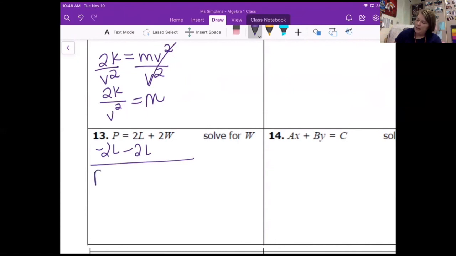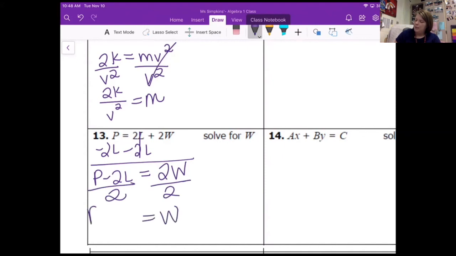So we have P minus 2L equals 2W. W is being multiplied by 2, so we want to do the opposite, which would be what? Divide by 2. So your answer would be P minus 2L in the numerator and then 2 in the denominator.